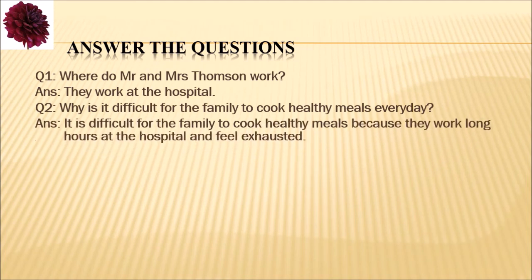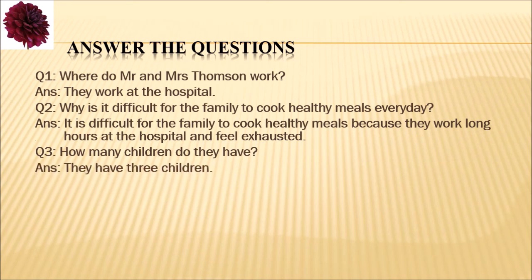It is difficult for the family to cook healthy meals because they work long hours at the hospital and feel exhausted. Because you have given reason in this question. Question number 3. How many children do they have? They have 3 children.